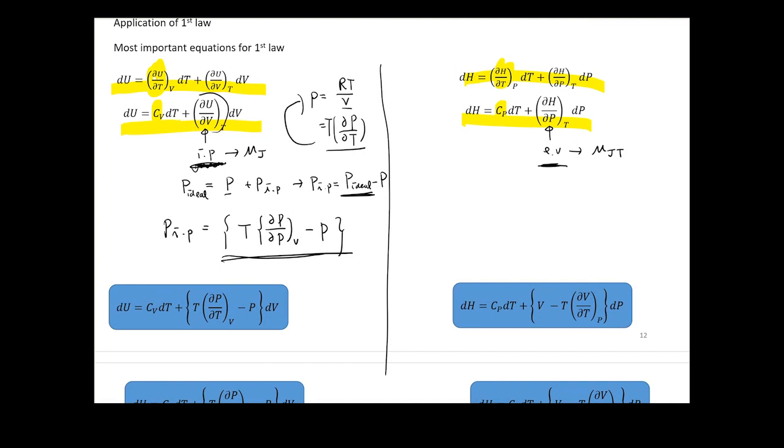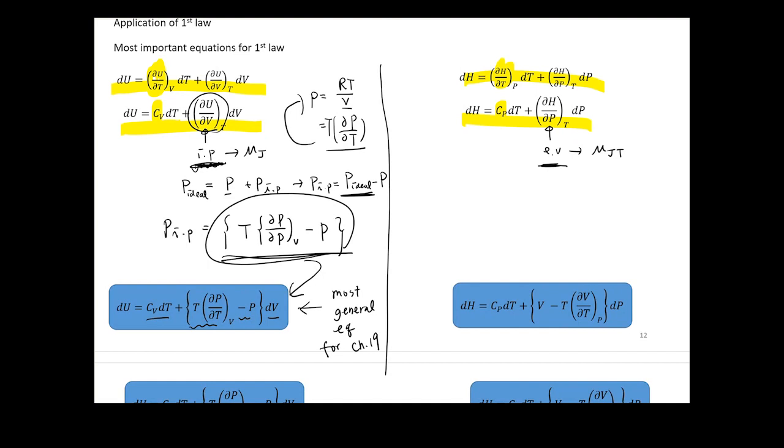If you swap this term with this term, that's how we get to this equation. So you can write dU equals CV dT plus T times this minus P dV. And this will be one of the most general equations for chapter 19.